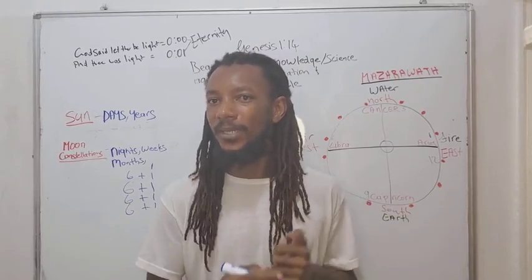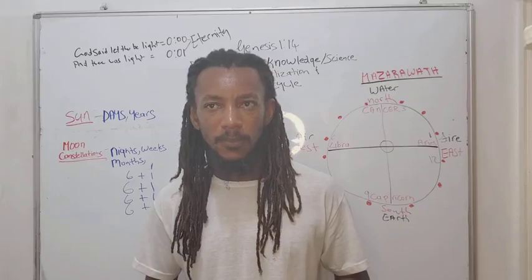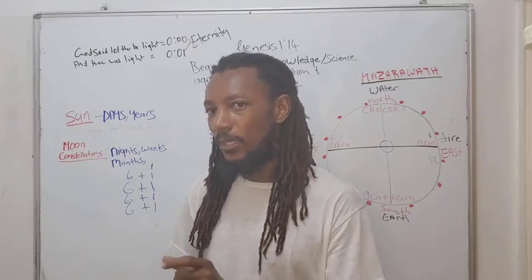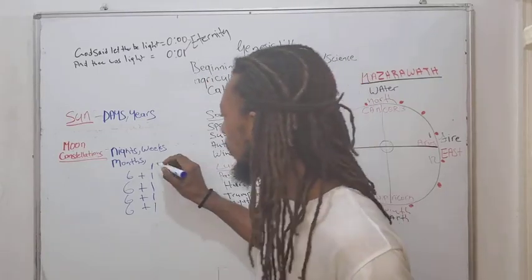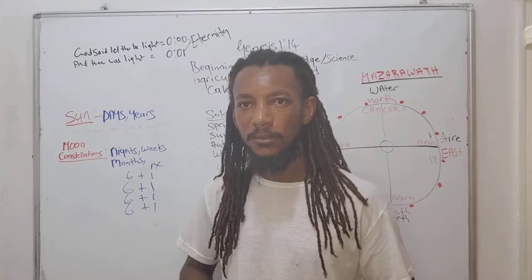And this is where people get confused again when it comes down to the feast of weeks. He said count 7 weeks. So that means you cannot count new moon day. It says 7 weeks.